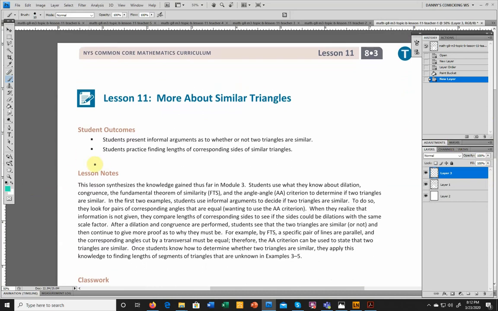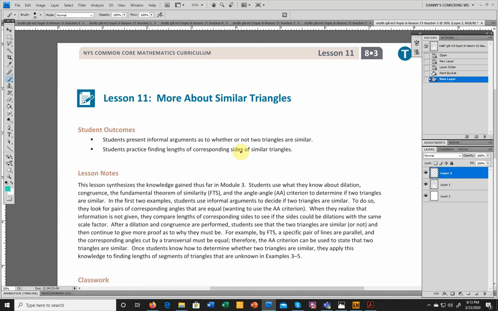So your outcomes are going to be that you're going to present informal arguments as to whether or not two triangles are similar. Remember that similar means that if you were to do a series of rigid motions and a dilation, you could make one triangle exactly the same as the other triangle. They're similar.